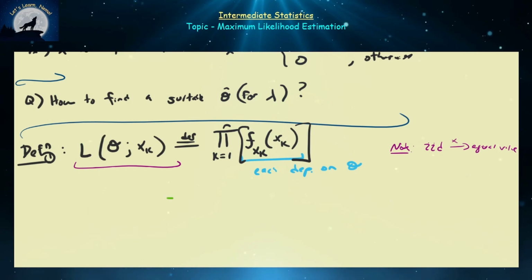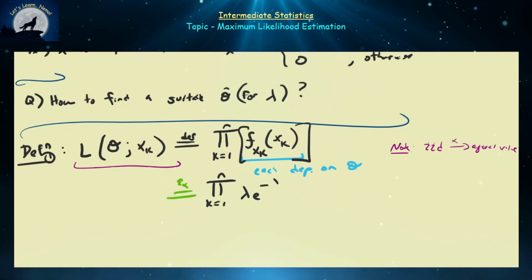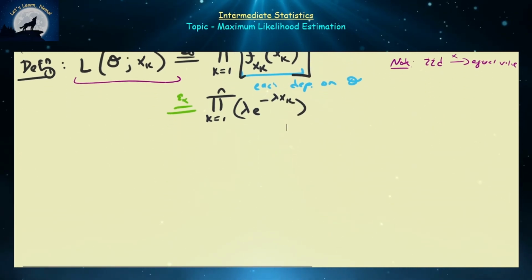So for our particular example, what is that going to look like? Since it's an exponential distribution, that's going to be equal to lambda e to the minus lambda xk. We can actually multiply these quite well.